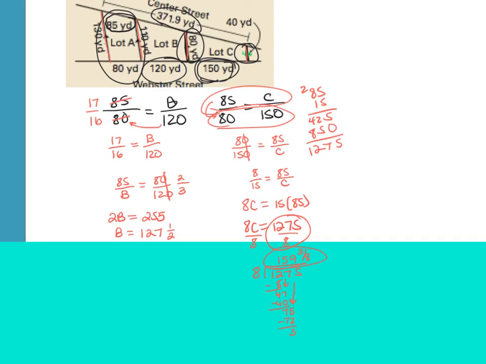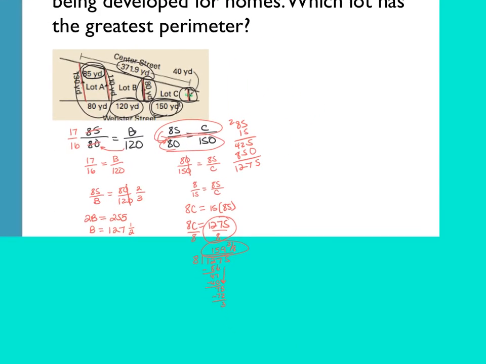I forgot the whole point of the question was which one was bigger, right? So you have to add them all up. A was 130, 85, 80, and 110. That's 405.